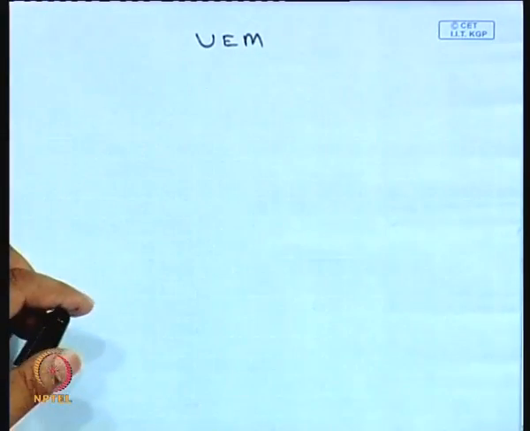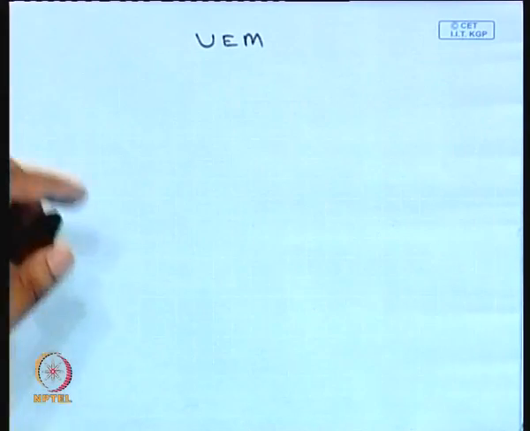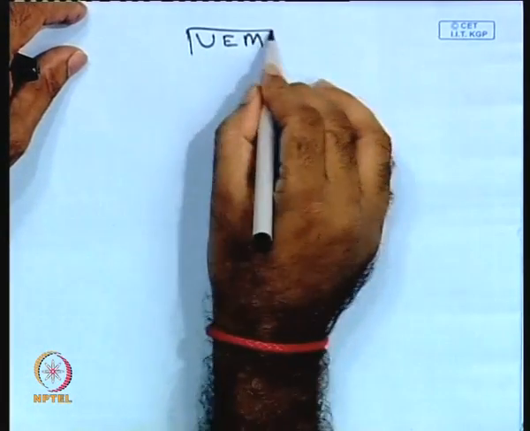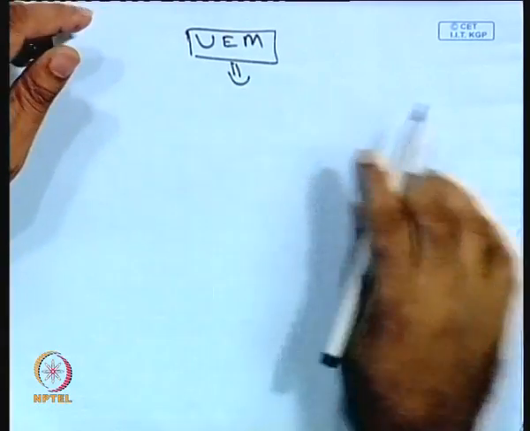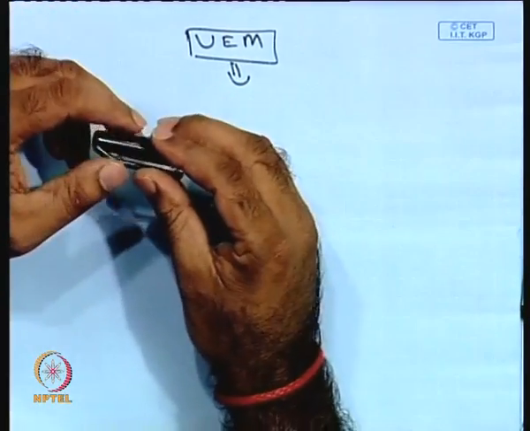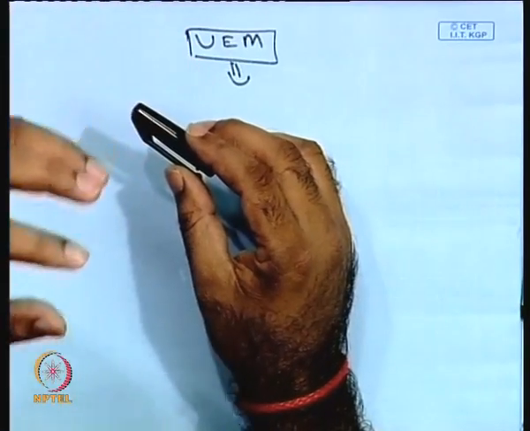Let me first highlight the entire structure of univariate modeling. The basic objective behind univariate modeling is that we have to describe or summarize a particular variable in a given setup. If the setup consists of, say, 10 variables, we have to analyze one particular variable only.